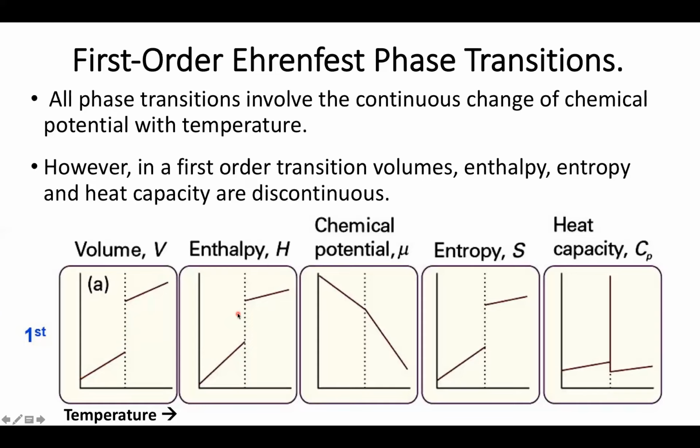However, what often gets a little bit messy is heat capacity. Since heat capacity is more or less the first derivative of enthalpy, which in and of itself is a first derivative of chemical potential, because I see a change in slope in chemical potential, I see a jump in enthalpy, which means I have an infinite heat capacity, as I have a non-continuous second derivative of chemical potential.